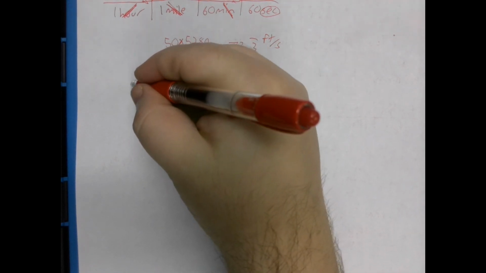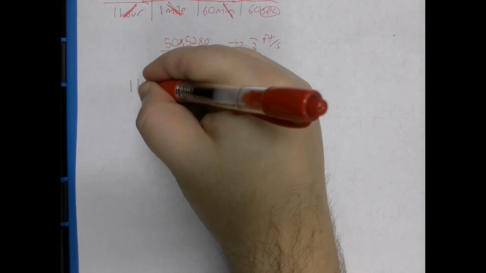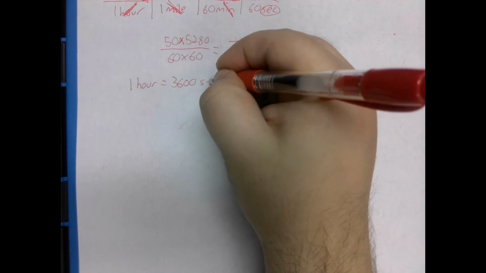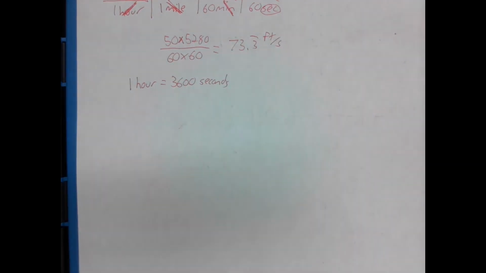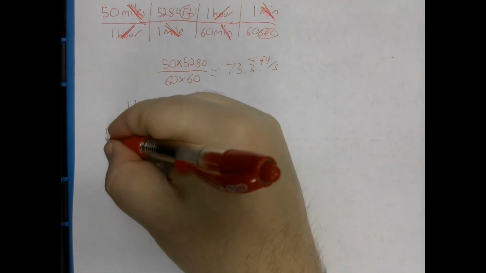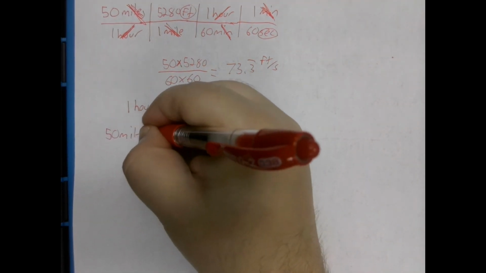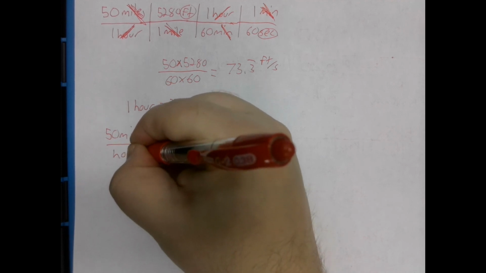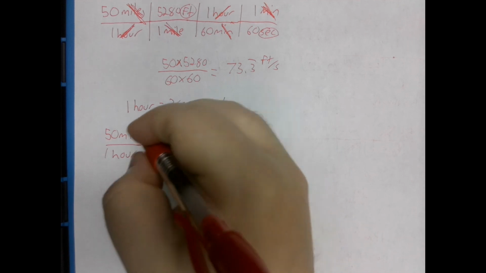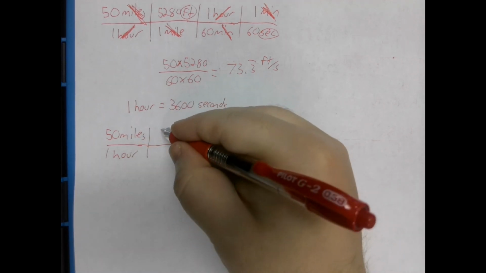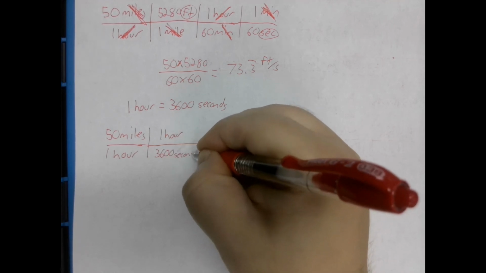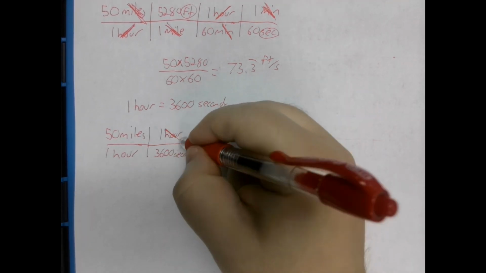So if you had memorized that 1 hour is equal to 3,600 seconds, we could have reduced this conversion a little bit. So converting 50 miles per hour, we can plug this in. Let's do time first. 1 hour is equal to 3,600 seconds. So hours cancel out.